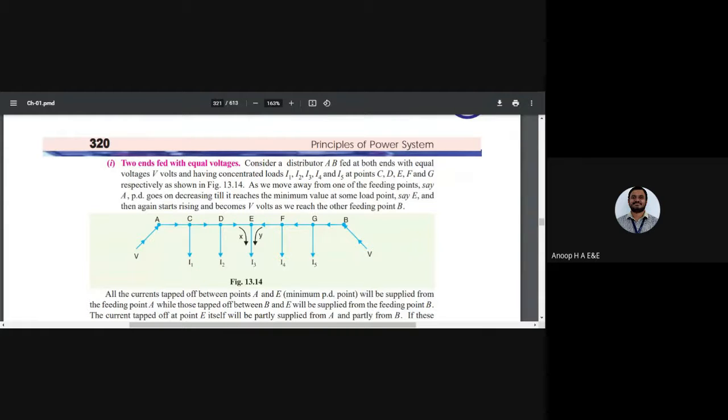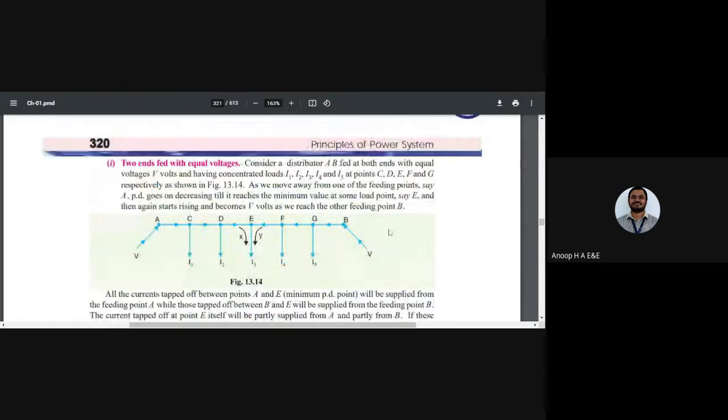Consider a DC distributor fed at both ends with equal voltages V, having concentrated loading. I'm sure most of you would have understood the representation of the concentrated loading in the single line diagram. You have the points C, D, E, F, and G. I'll tell you about the point of minimum potential once I draw this diagram, and with the help of equations let me analyze what it is.